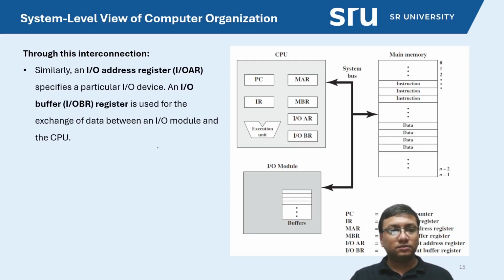There is another register called IO address register or IOAR. It specifies a particular IO device address, and also there is an IO buffer register. When some IO device wants to exchange some data, before the transmission it stores that data.